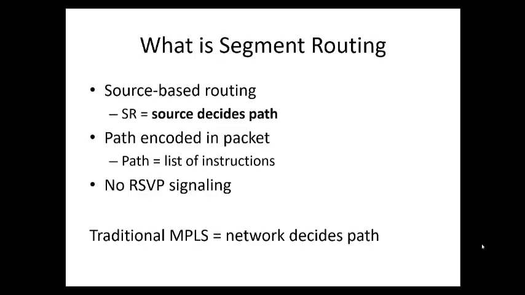So segment routing is a solution for all the problems that we have in an MPLS, RSVP, LDP based environment. This becomes a solution for those limitations that we saw in that environment.